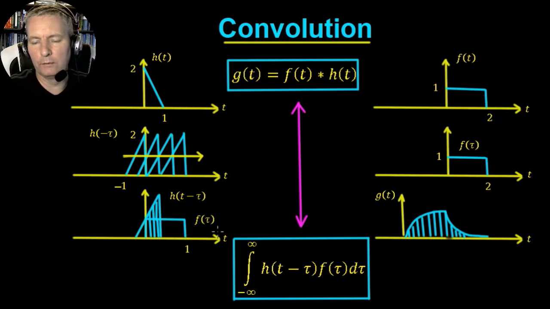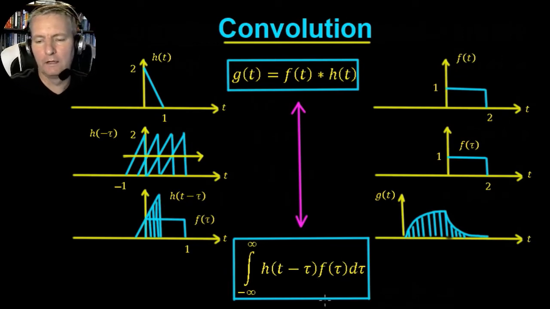Now what we would then do is we integrate all of these up from minus infinity to infinity, and in effect by integrating we take the area at each point in time, and the area becomes the height of this new function g of t. So we get this kind of effect here at the output.